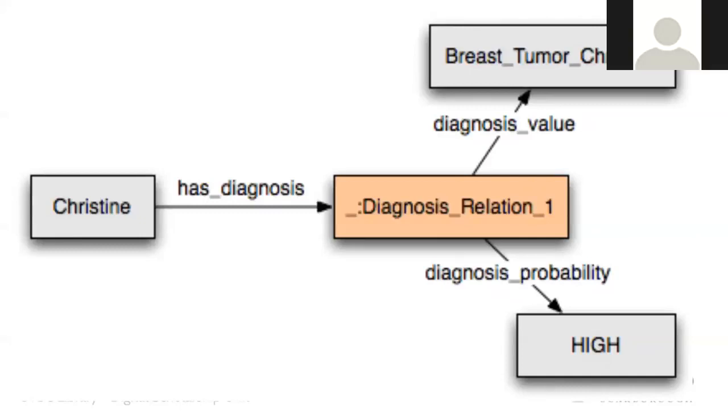It has one, the diagnosis value, which is the illness, and two, the diagnosis probability. The diagnosis probability only makes sense in relation to the diagnosis value. And people can have multiple diagnoses, each with their own diagnosis value and diagnosis probability value pair.